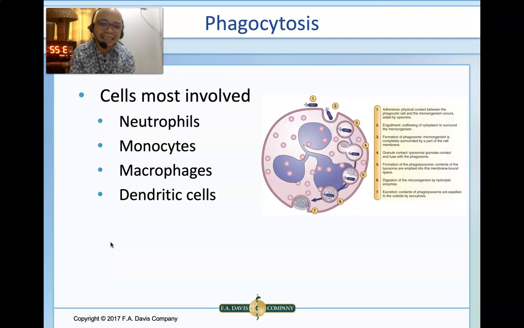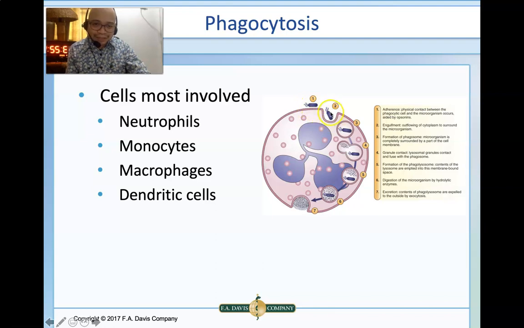Okay, as you can see here, adherence is the physical contact between the phagocytic cells and the microorganisms aided by opsonin. So remember, an opsonin is an antibody that mediates phagocytosis. So you're not able to see opsonin here, but there are actual opsonin here.